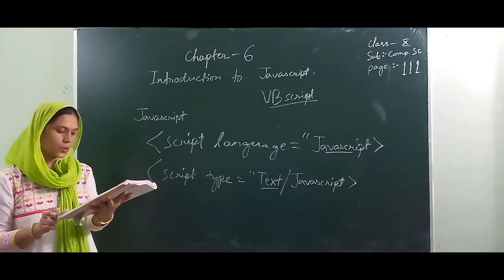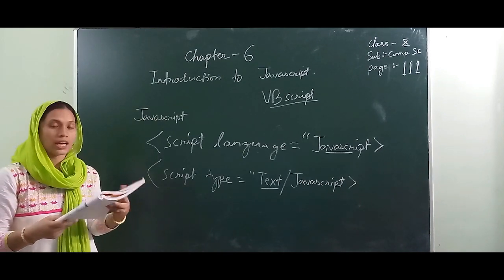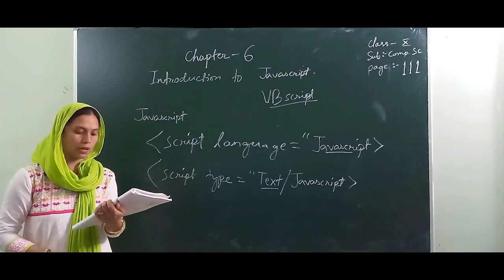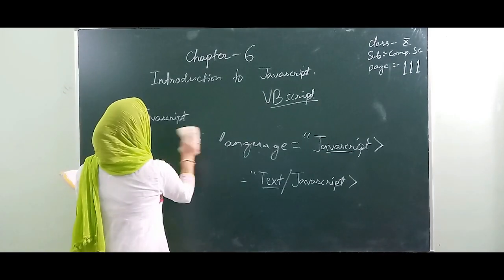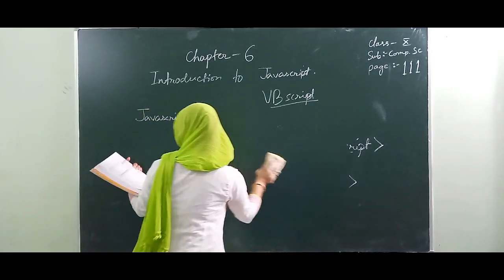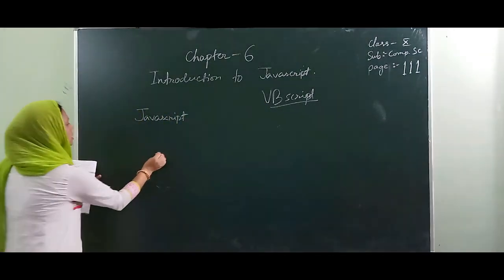Next, the alert statement. The alert statement is used to display information to the user. The general format is alert, then message. This is present in your book, page number 112.